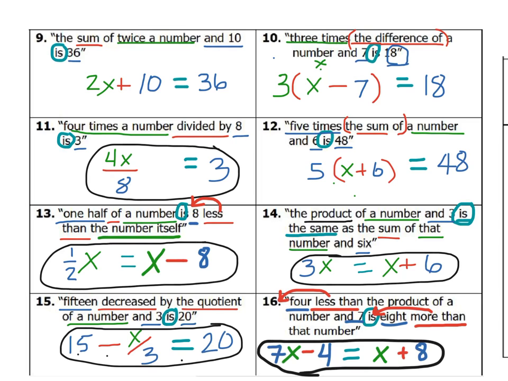All right, and then, oh, I forgot to annotate my numbers up here. There we go. Product of a number and 7 is 7x. 4 less than means minus 4 from that. Is equals. 8 more than means add 8 at the end. That same number, so I'm going to still use the same variable x.